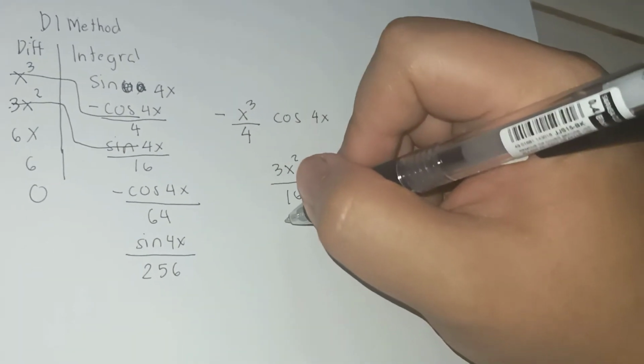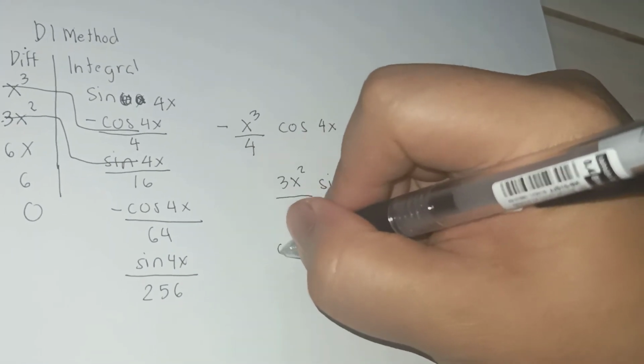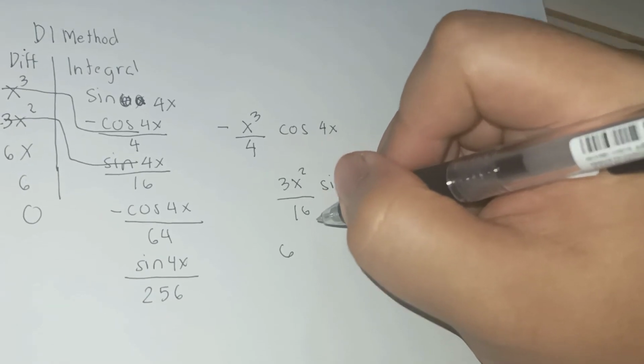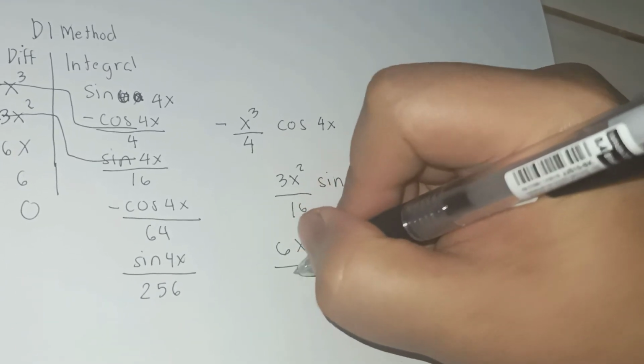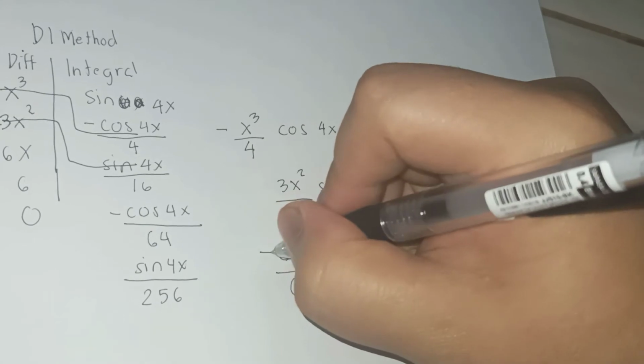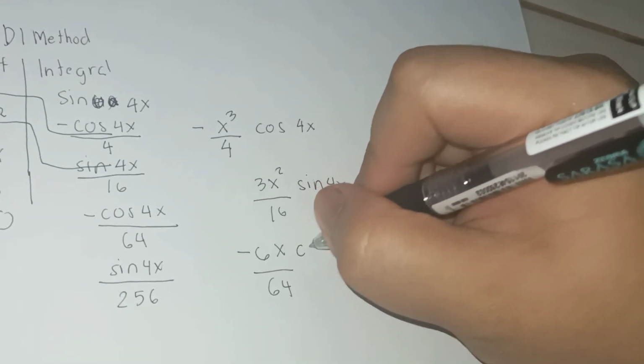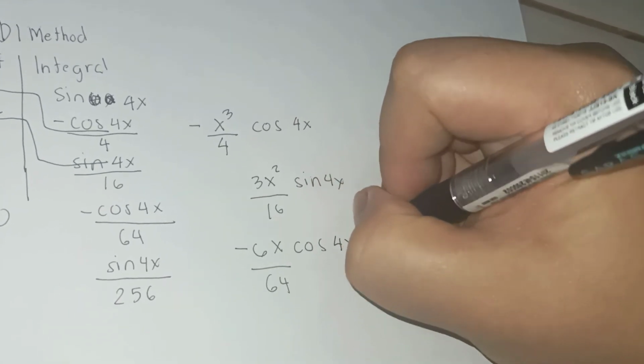After that we will have 6x over 64, so it's gonna be negative cosine 4x.